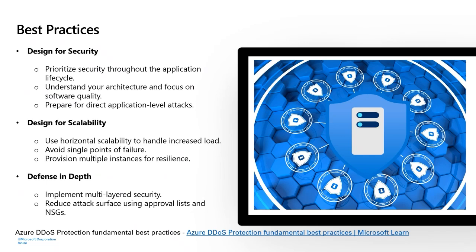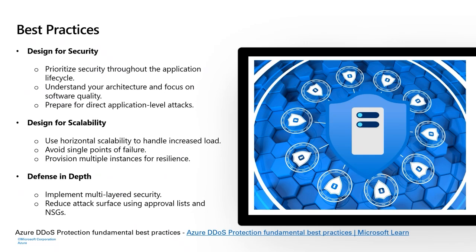It's also important to understand your application architecture and also to focus on the pillars of software quality. You should also be aware of typical traffic volumes, connectivity models, as well as exposed service endpoints, as these form the conduits for that DDoS attack.